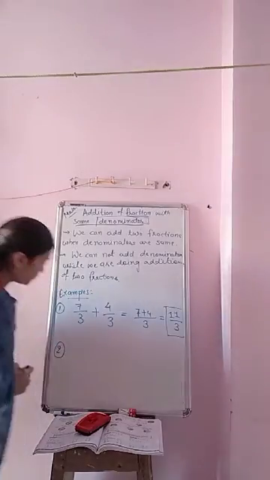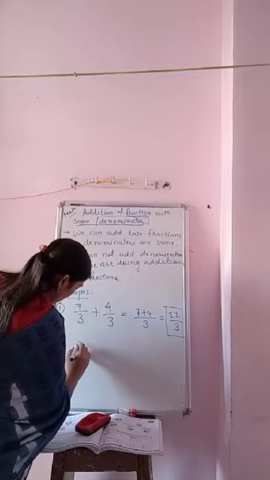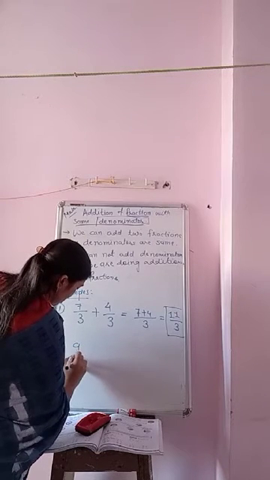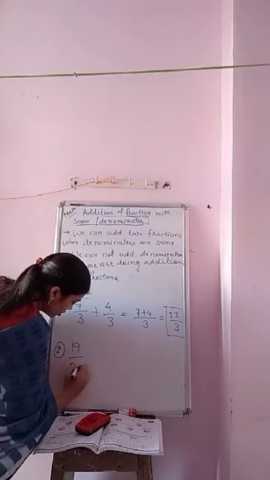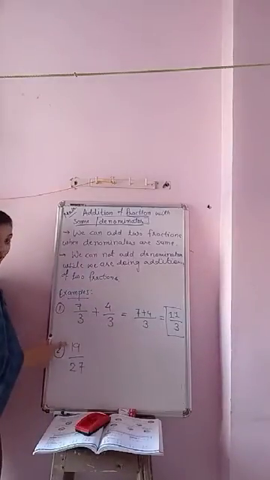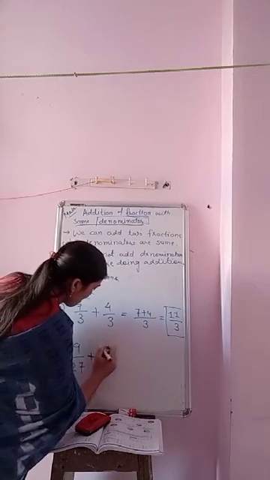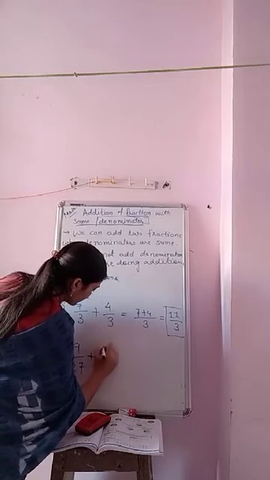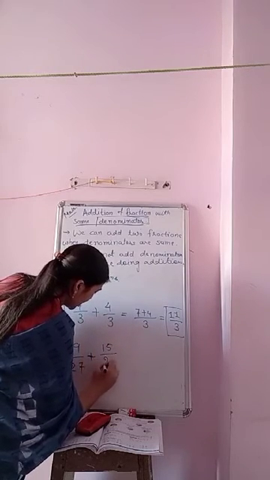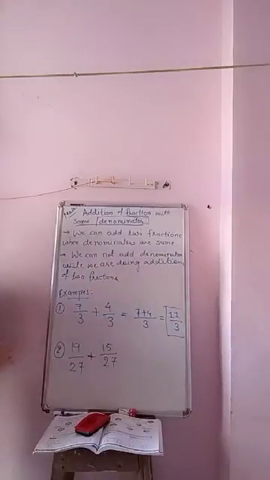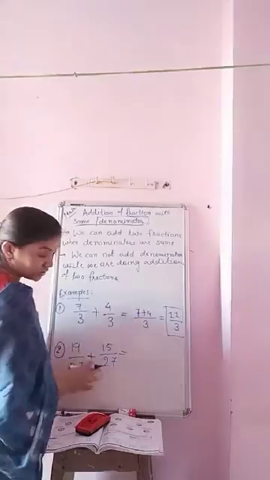Second example. 19 divided by 27 plus 15 divided by 27. Now start the addition of fractions.